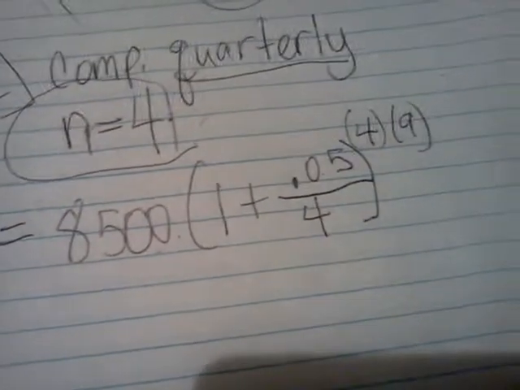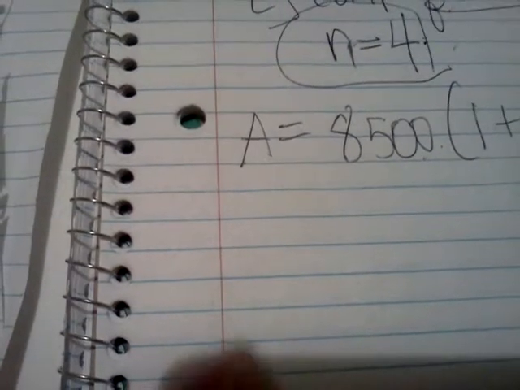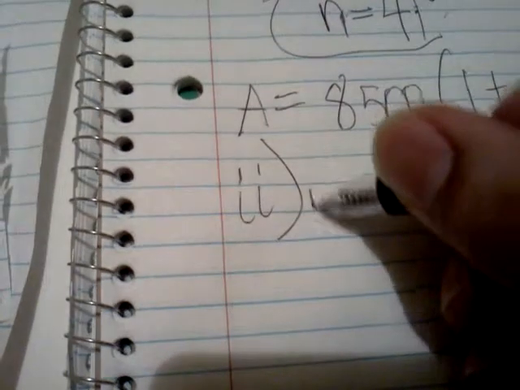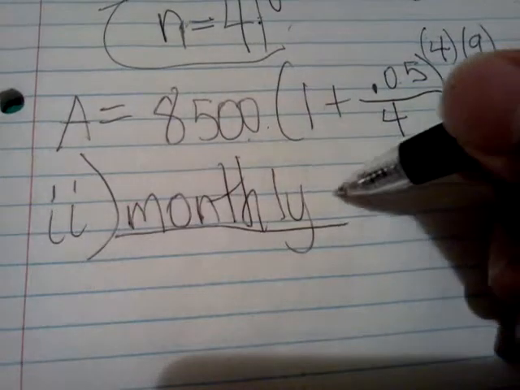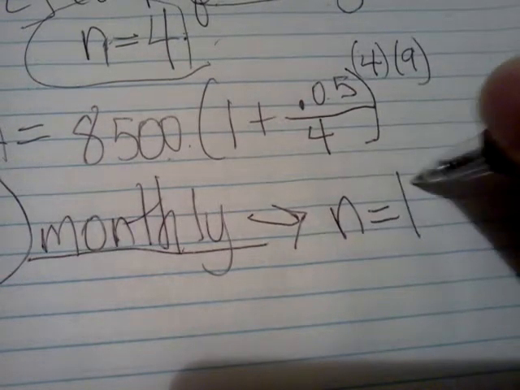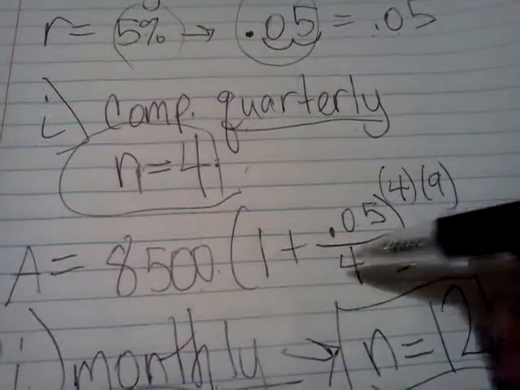Now, the next part, they're saying, what if it was compounded monthly? So monthly just means we're using this exact same formula, but our n equals 12.